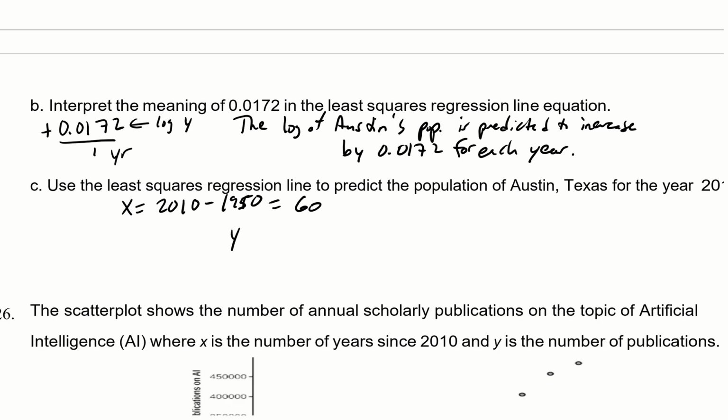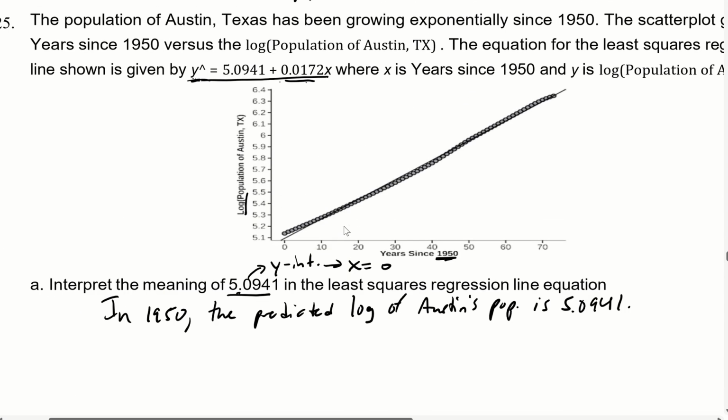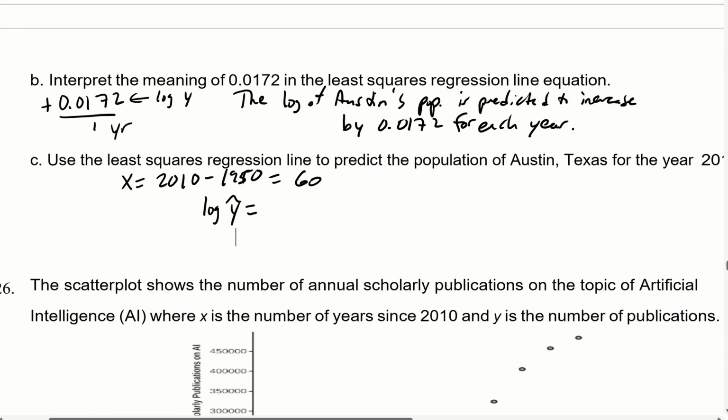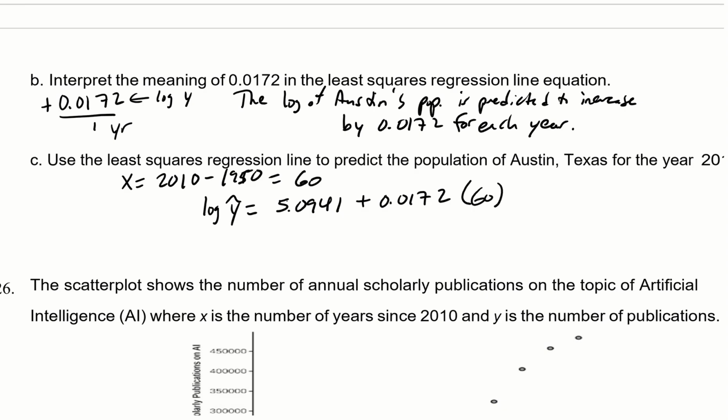All right, so then we have that the log of y hat is equal to, remember it's a log because that's what it says here, the log of the population, is 5.0941 plus 0.0172 times x, right? And x is 60. Actually, let me just write 60 and then I'll plug in the x there.